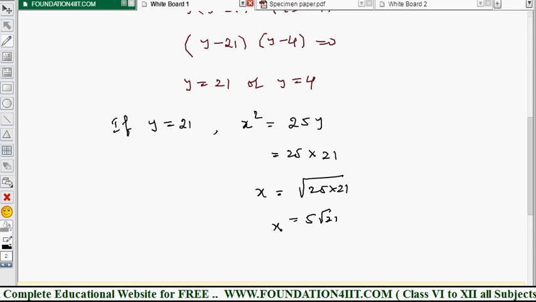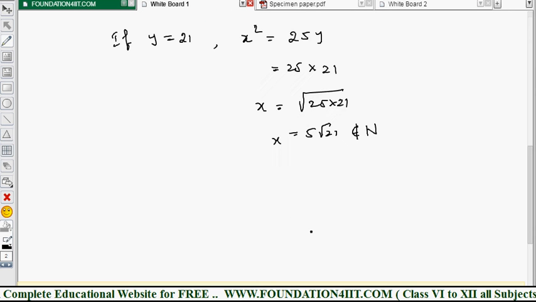This is neglected because it does not belong to natural numbers. That means you can't take y is equal to 21. Therefore y is equal to 4.